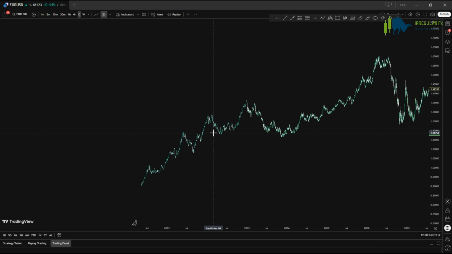You are most likely to increase your probability if you analyze on a higher time frame, especially, let me say, the 4 hour and the 1 hour, if you are a day trader. So here it is guys, the bullish continuation.